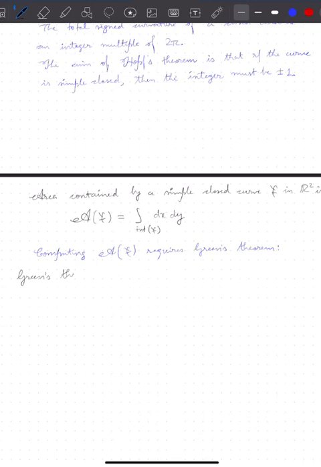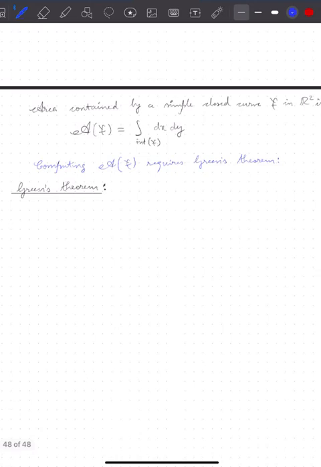So Green's theorem says that let f of xy and g of xy be smooth functions, that is, functions with continuous partial derivatives of all orders.